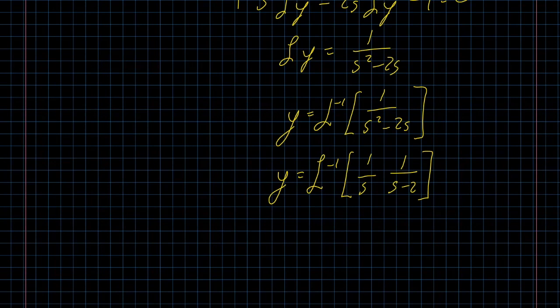So we get here that y is the inverse Laplace transform of 1 over s times 1 over s minus 2.